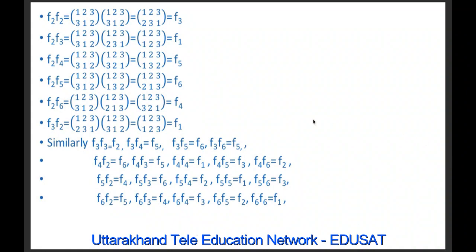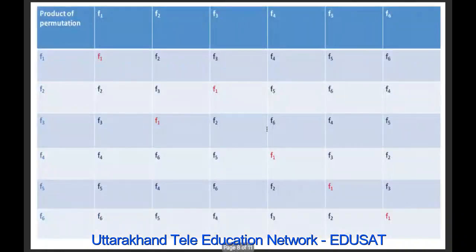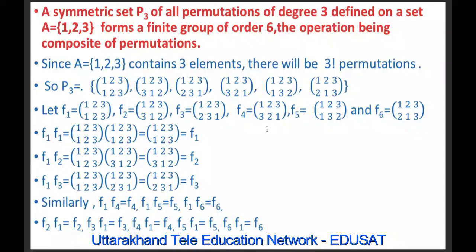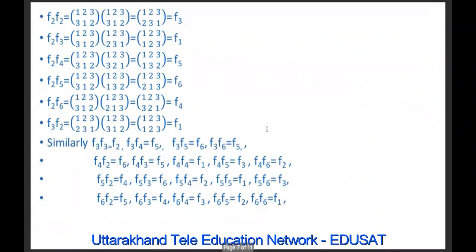So first of all, calculate all these transformations, and then, to prove whether the given symmetric group is a permutation group or not, we will use a composition table, because the number of elements in P3 is finite. So we will construct a composition table by applying the operation of composition of permutations on the given set.